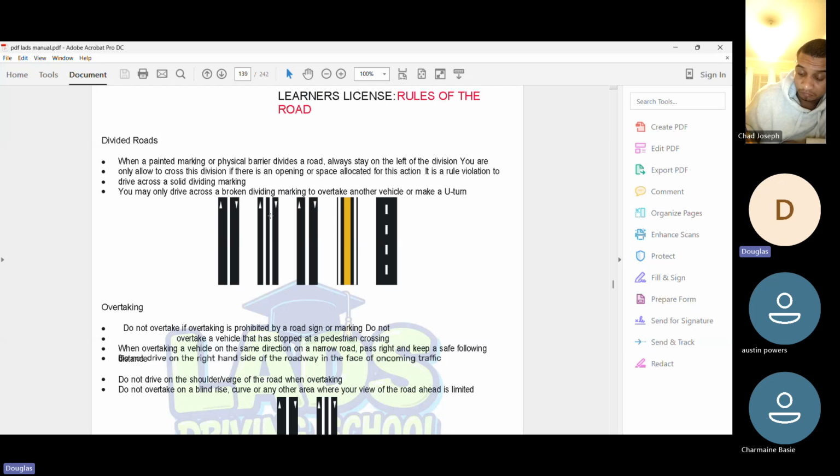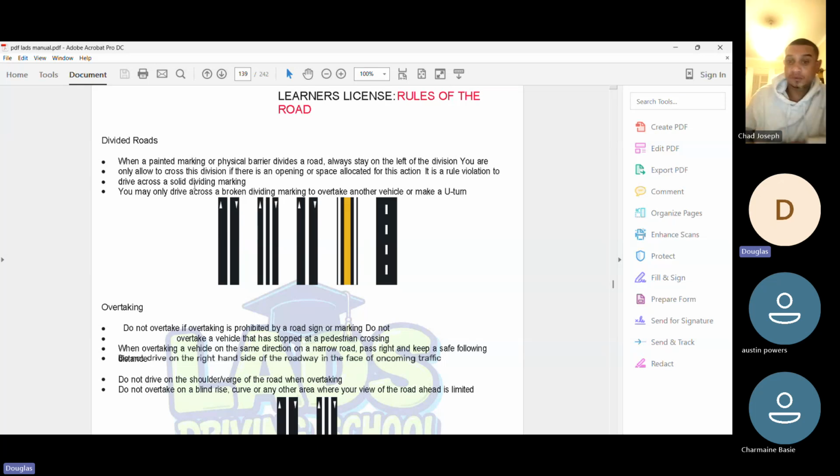If you're driving on the single solid line road and your farm is somewhere here, you can indicate and go off the road and come this side. But on this one, because it's double solid lines, you cannot cross the road to the other side. You need to stay on your lane until the road allows you to cross to the other side.